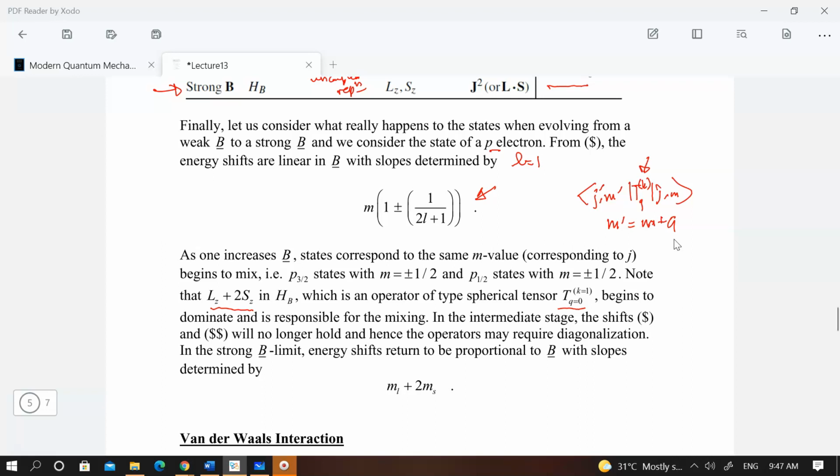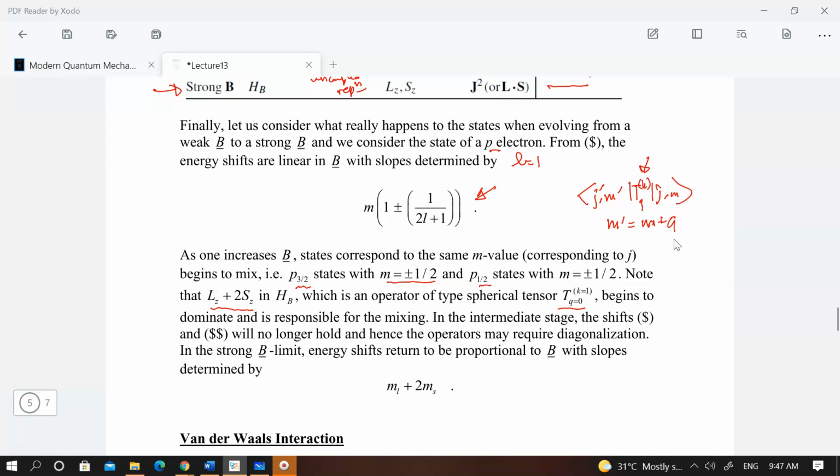In this case you have two possibilities where your total M equals plus or minus a half, but your spin Z component and your L Z component contribute in terms of 3 halves and a half.